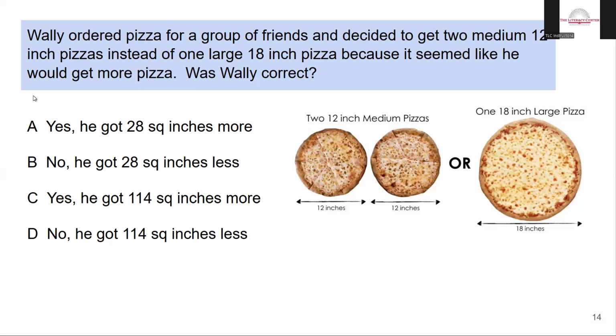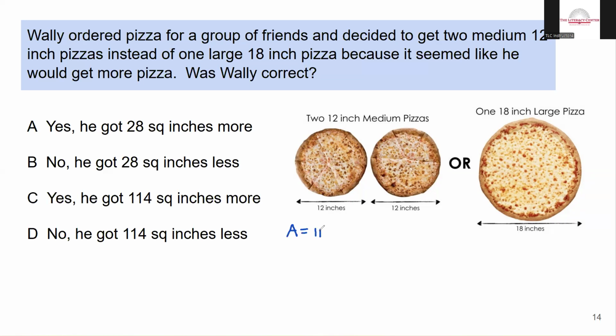All right. So I call this kind of a 2-for-1 problem in terms of the amount of work. We have to find the area of 2 different circles and do a little bit of work in order to answer this question. When we talk about how much pizza, first of all, that's an area question. So we want our area formula.